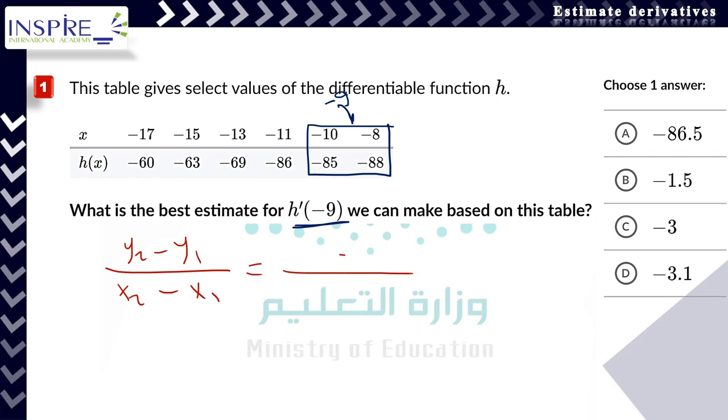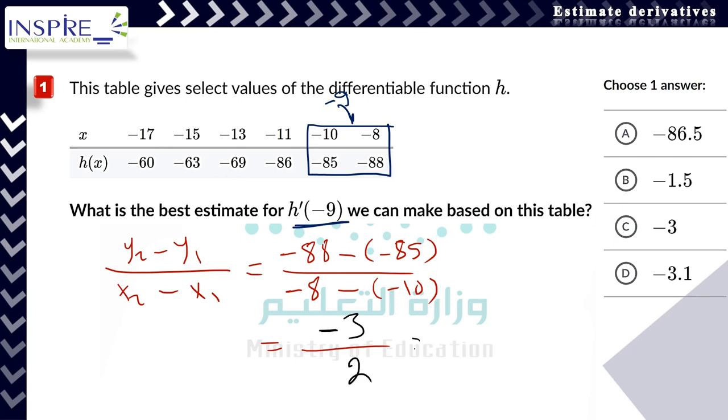It will be -88 minus -85 over -8 minus -10. Okay, use your calculator, and this one will be -3. This one will be 2, so it will be -1.5. Okay, next one.